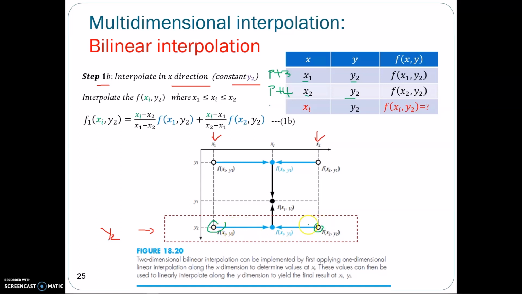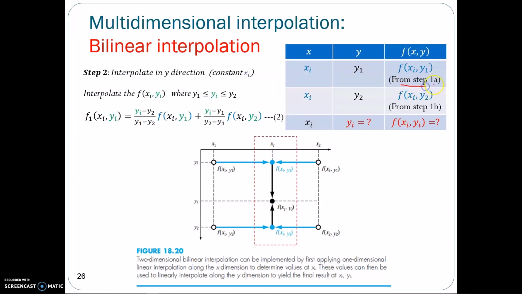So the function at these 2 points are given, and then you are going to interpolate the function at xi, where your xi is between x1 to x2, and at constant y2, which is this point. This can be obtained by using the linear interpolation formula.